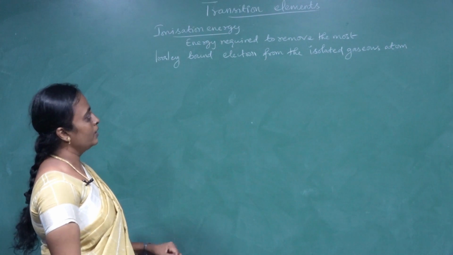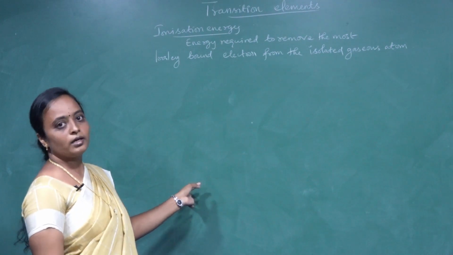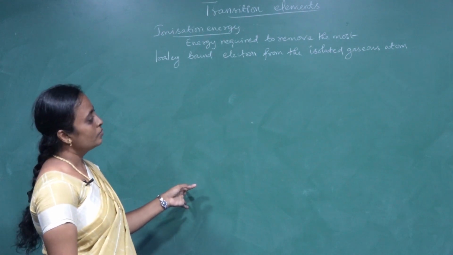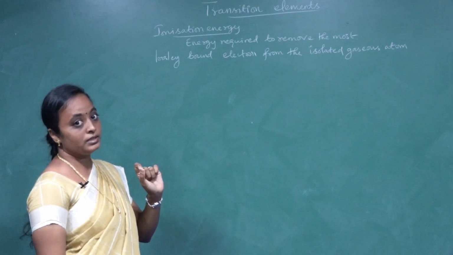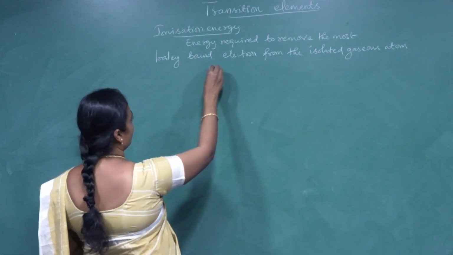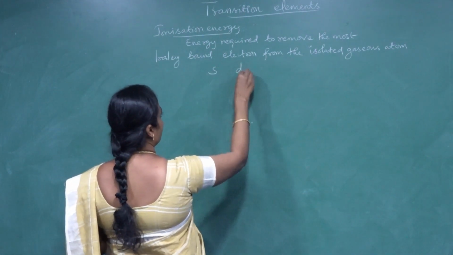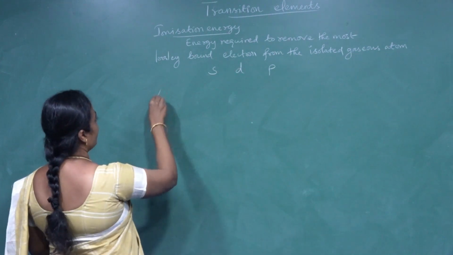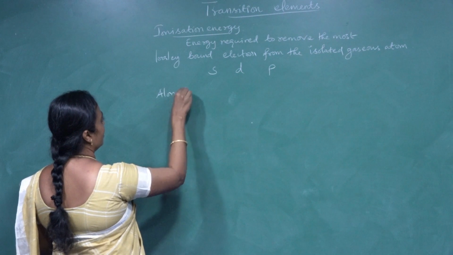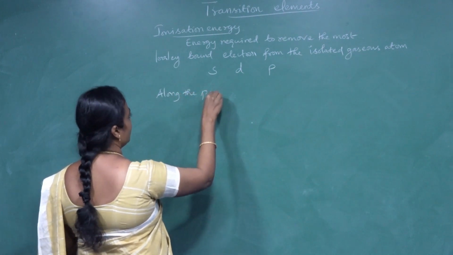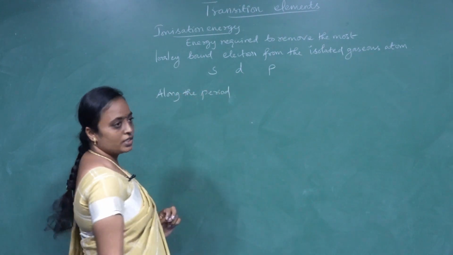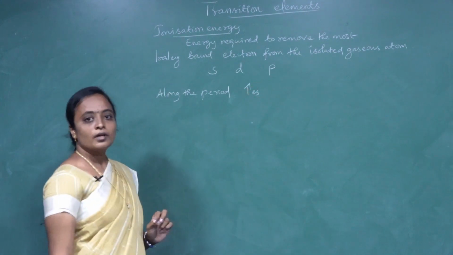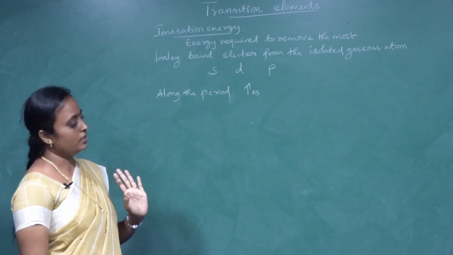Now I am going to compare the ionization energy of the 3D block, 4D and 5D. So simply, if you are giving a general comparison of the D block with S and P, generally along the period ionization energy should increase.